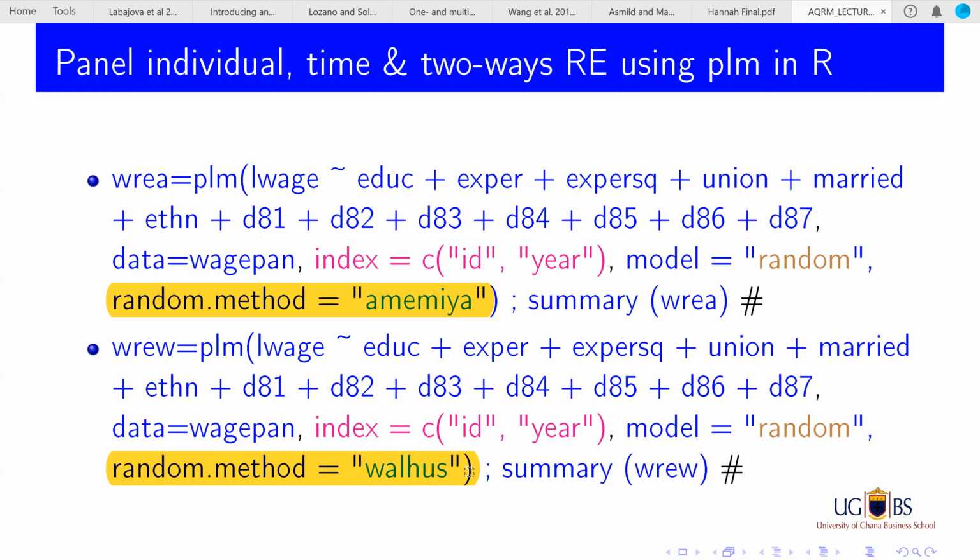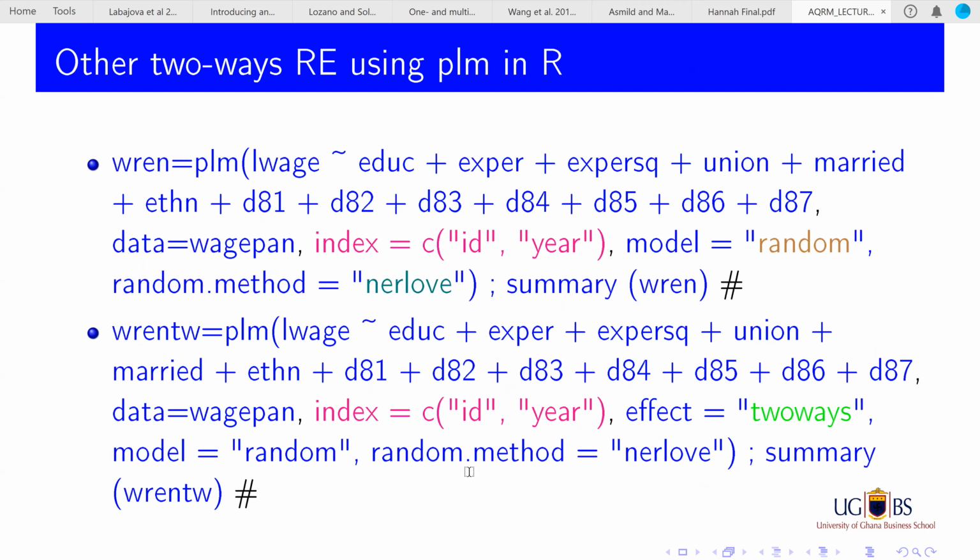If you want to use any transformation, read about it. You can have another transformation by Nerlove, also called Nerlove's transformation. And you can add effects, such as a time-specific effect. I like this one, so I'm going to run this one. It contains the two-way effect, for time heterogeneity and for individual heterogeneity.